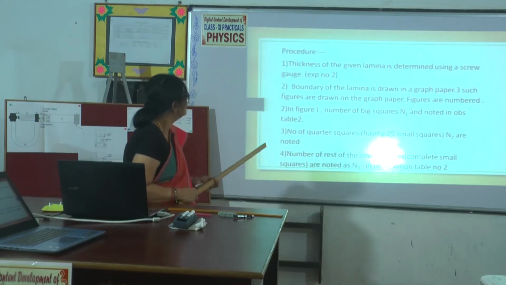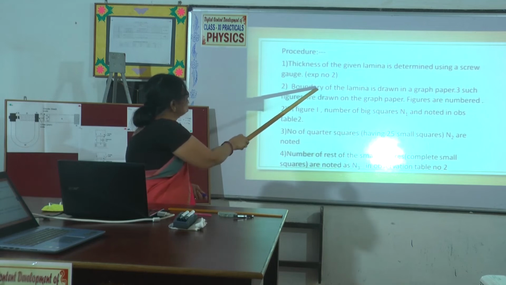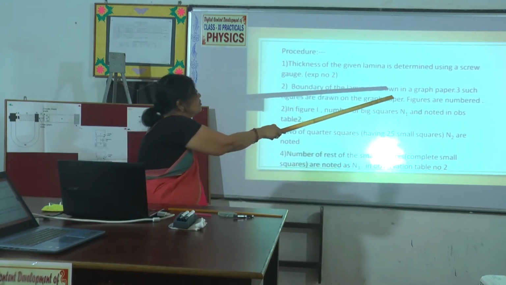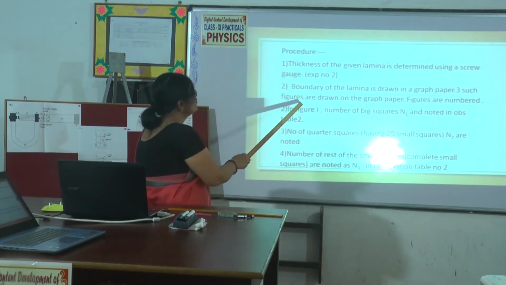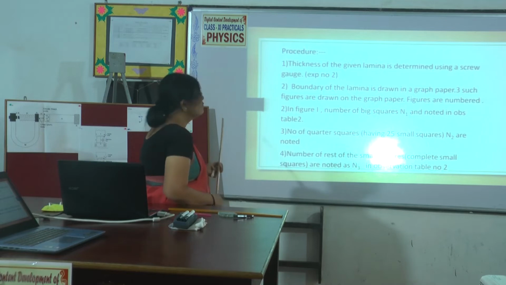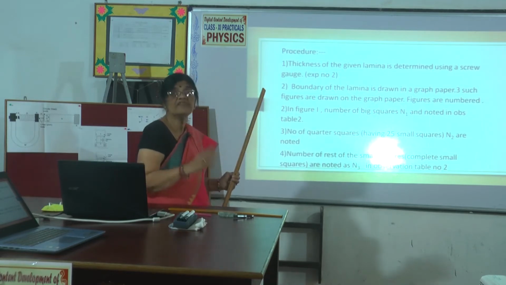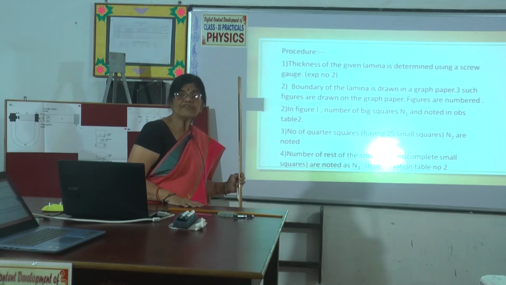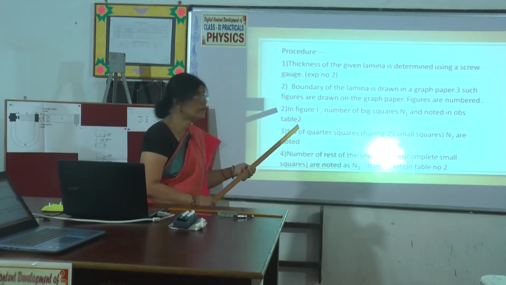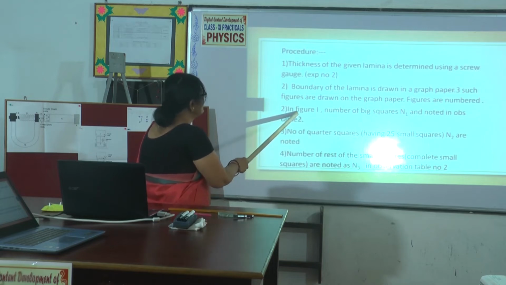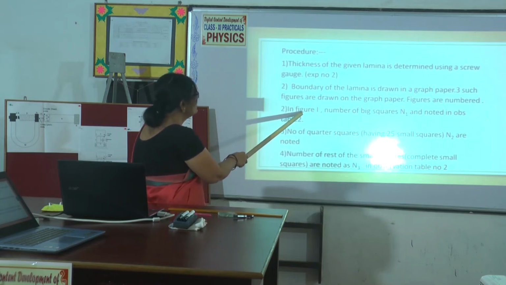Now, the first procedure to determine area: draw the boundary of the lamina on the graph paper. 3 such figures are drawn on the graph paper. Figures are numbered: figure 1, figure 2, figure 3. Find out the area of figure 1 using the formula N1 into 100, N2 into 25, N3 plus N4 into 0.01. Similarly for figure 2 and figure 3. Suppose I focus on figure 1.